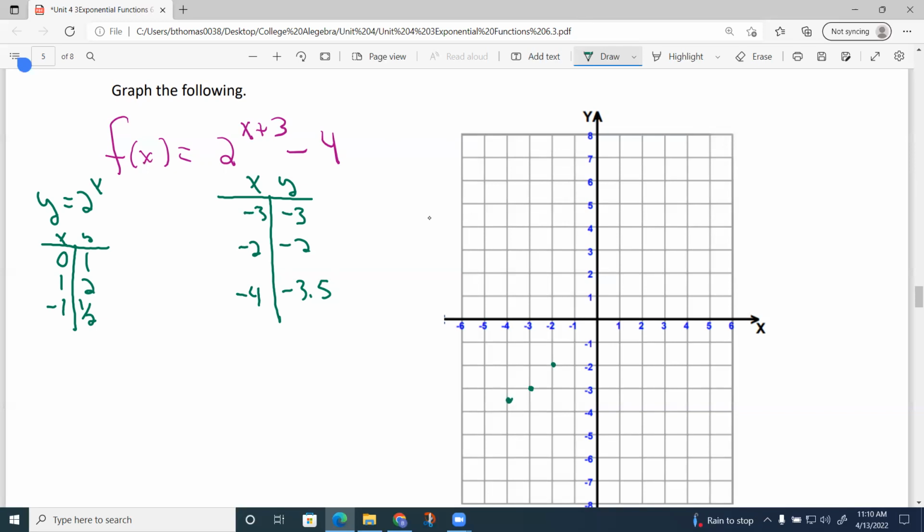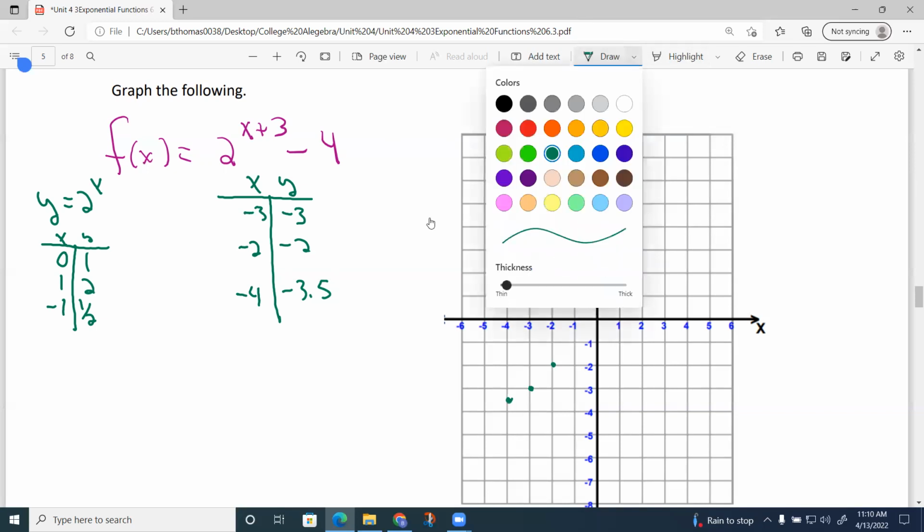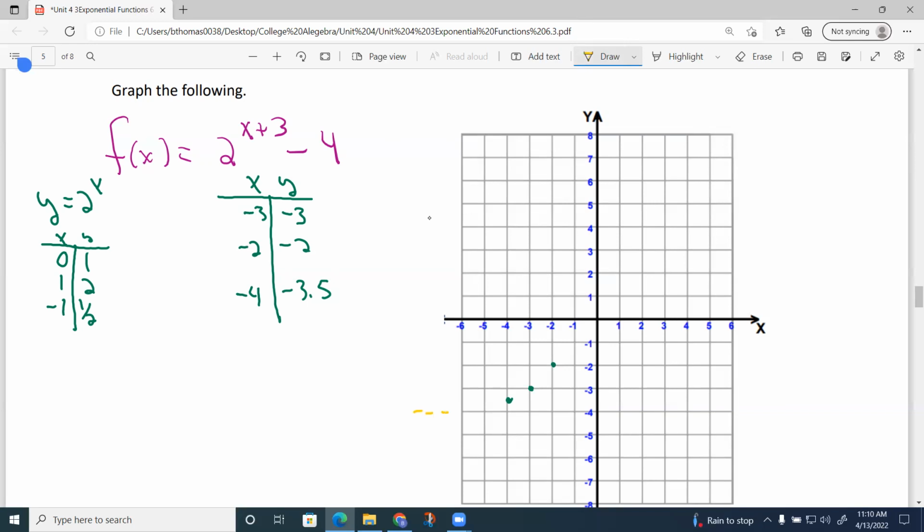Notice that the x-axis is no longer our boundary. Our boundary has moved along with the vertical shift. Since the y values shifted down 4, the boundary has to shift down 4 as well. So my horizontal asymptote is now at y equals -4.